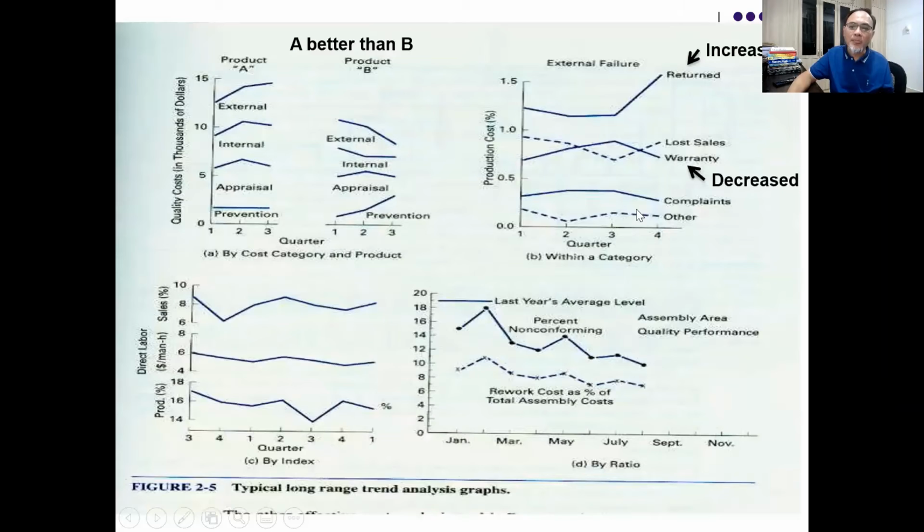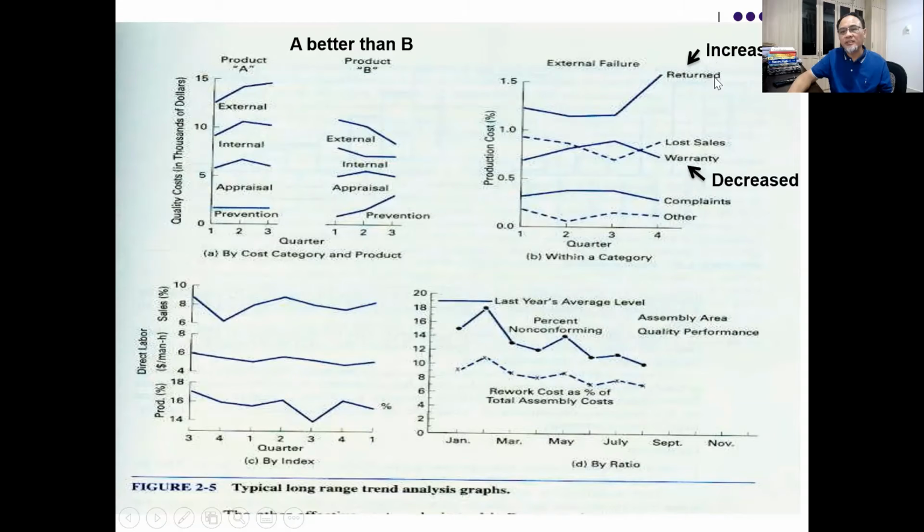For example, you look at product A. This is external, internal, appraisal. This is prevention. This is product B. You can compare between products according to different cost categories, or you can look at different timelines, quarters, and see the returns, the external failure, the returned products, the warranty claims.